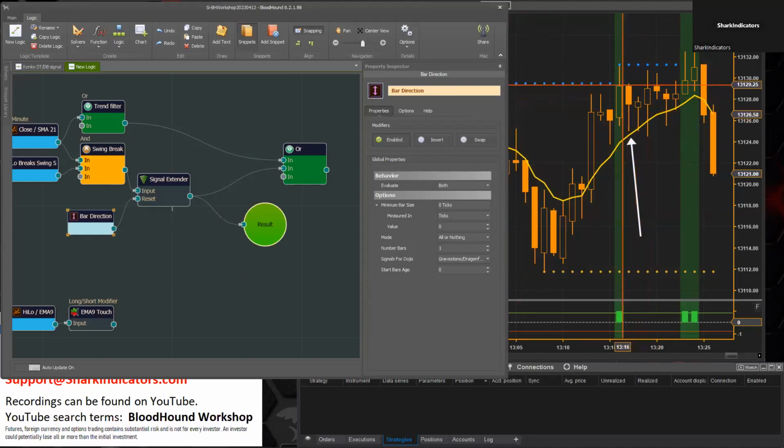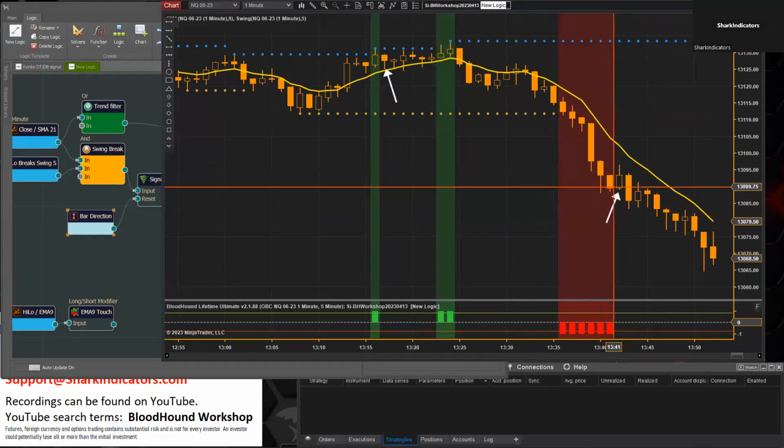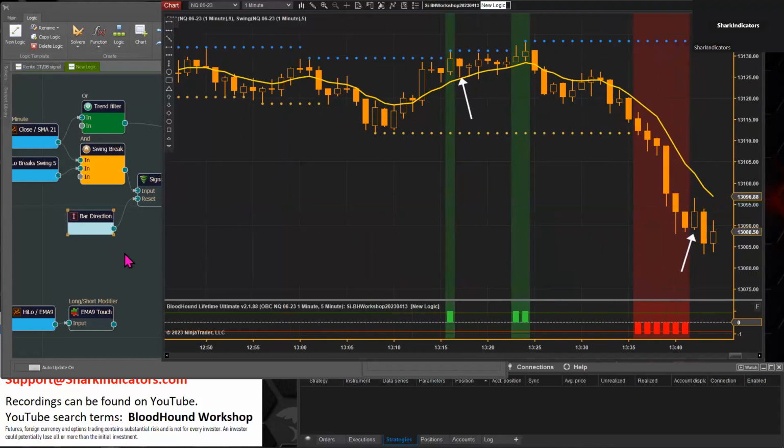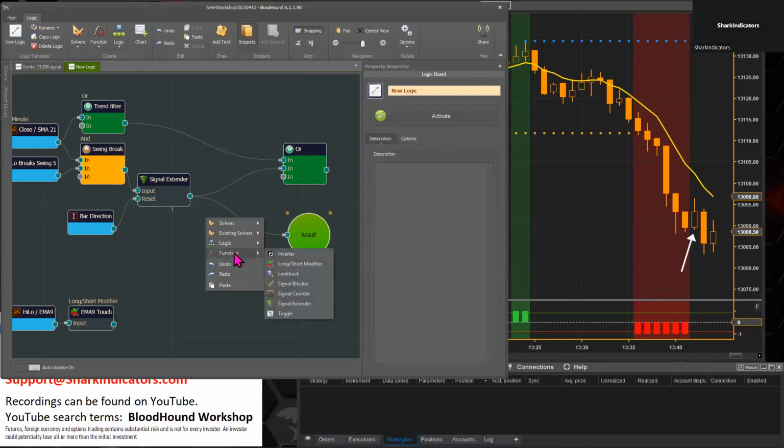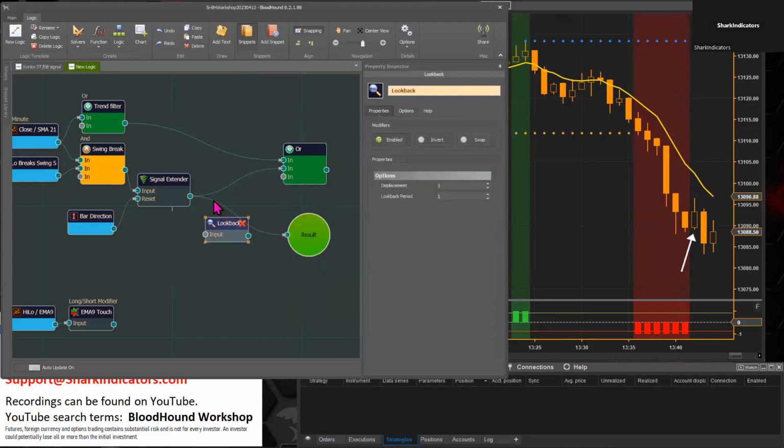All right. Yeah. So we still have the same problem here. Right. So I undid the bar direction shifting the signals forward, and we have the same problem there as well. So yeah, I think a simpler solution here is I'm going to take a look back node and just use that to extend. So I'm going to use the displacement function in this look back node.